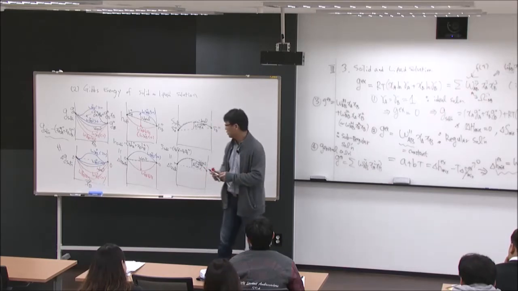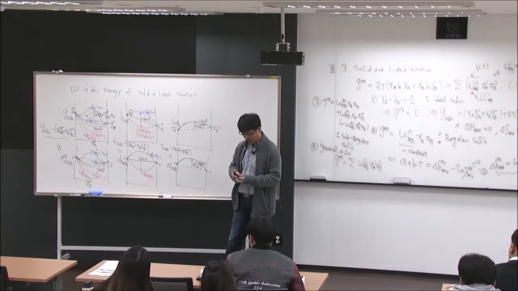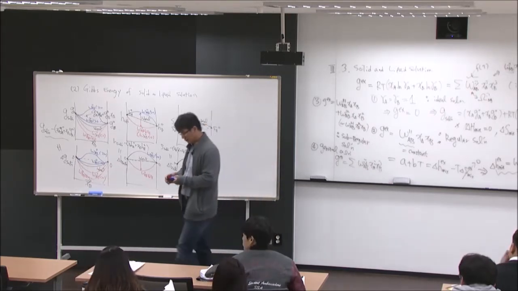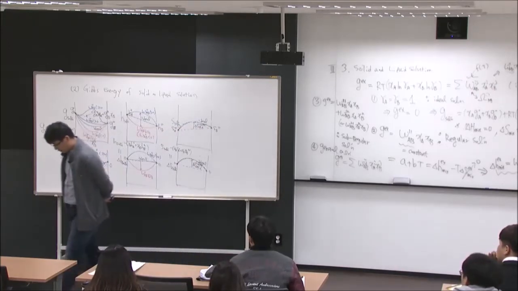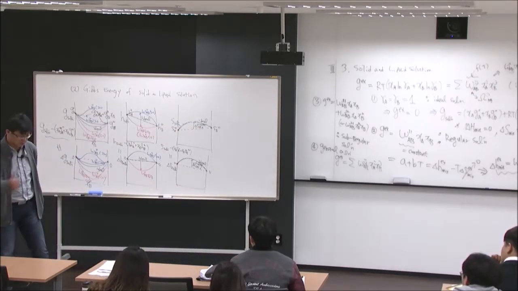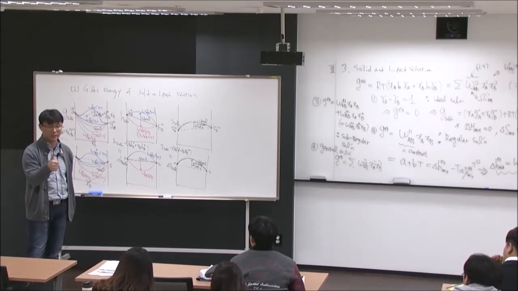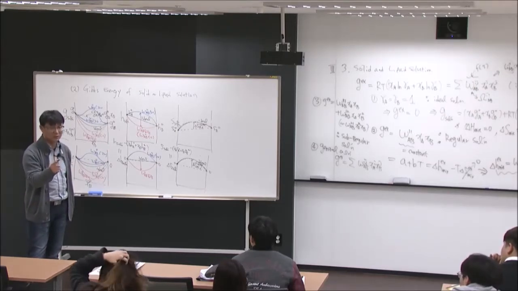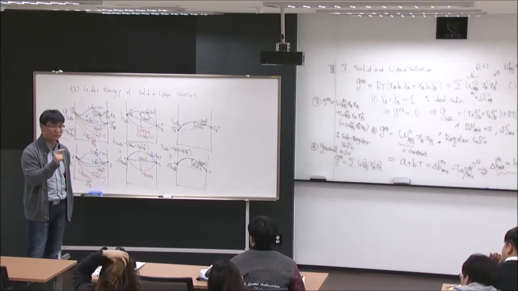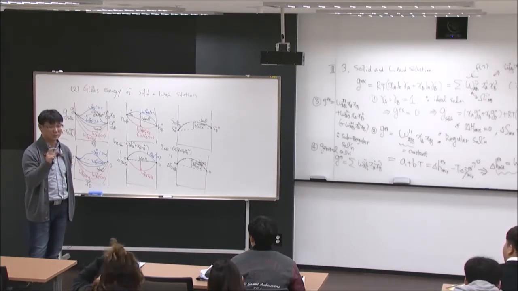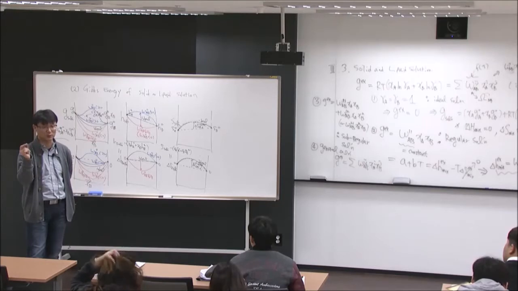So this is what we call the general solution. Okay? The solid and liquid solution, sorry. So we ran the ideal gas solution. Gas is always ideal, except at very, very low temperature and very, very high pressure, when gas actually starts to feel the interaction between each other.